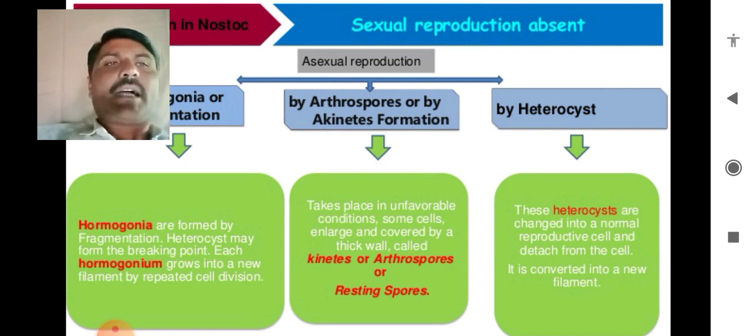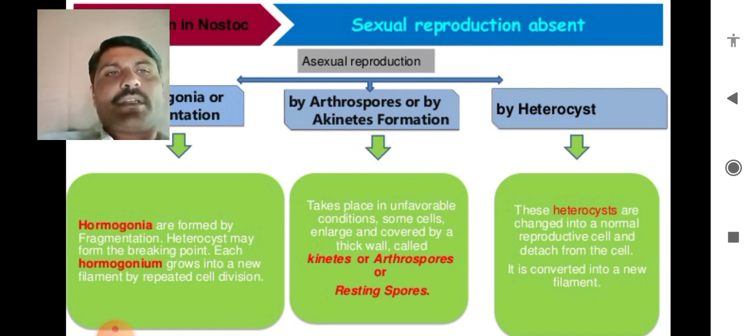By forming the akinete spores or arthrospores, this takes place in unsuitable conditions. Some cells, a few cells, enlarge and are covered by a thick wall.